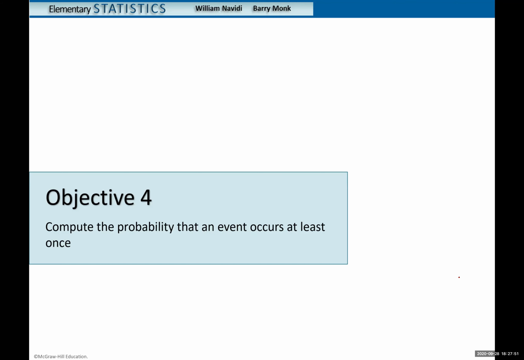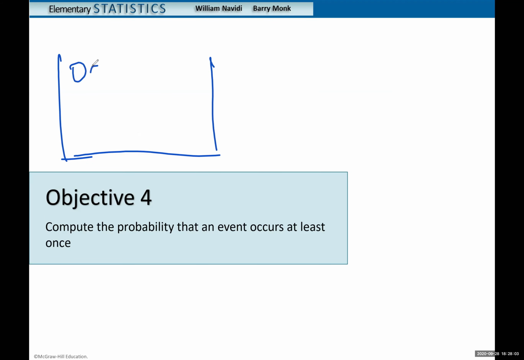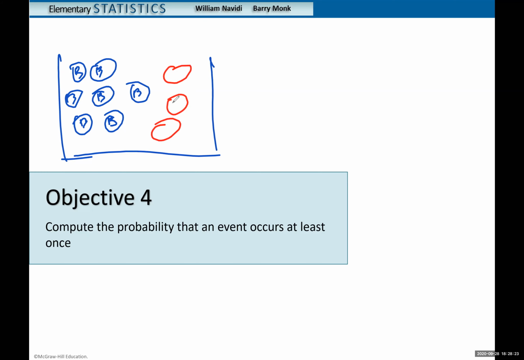So think about you have a box with 10 marbles, and out of 10, you have 7 blue marbles and there are 3 red marbles.